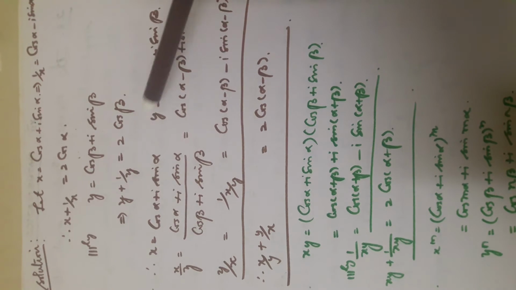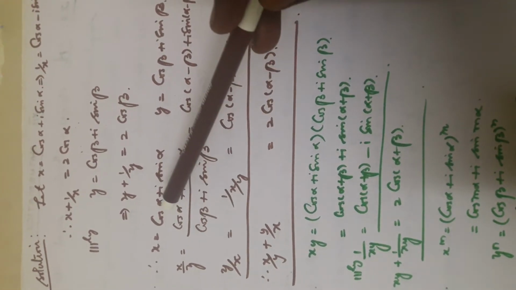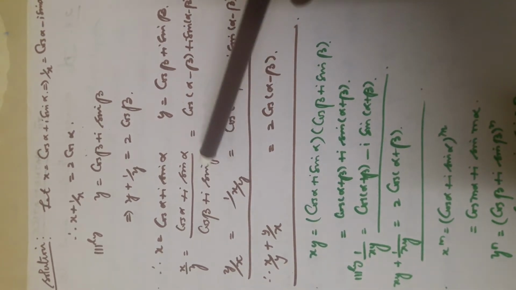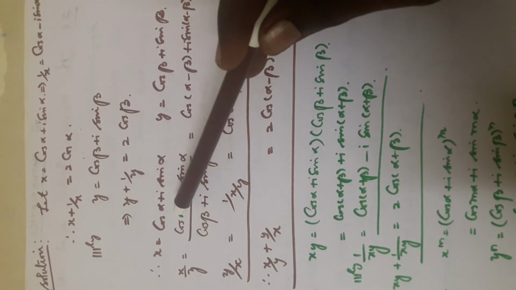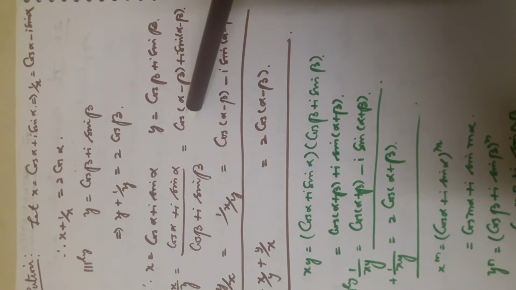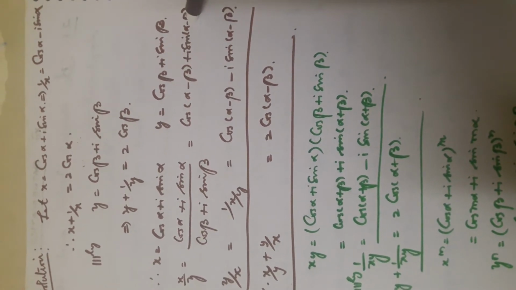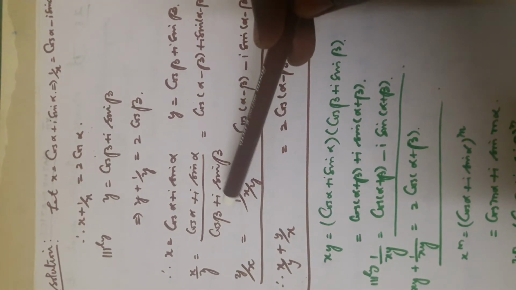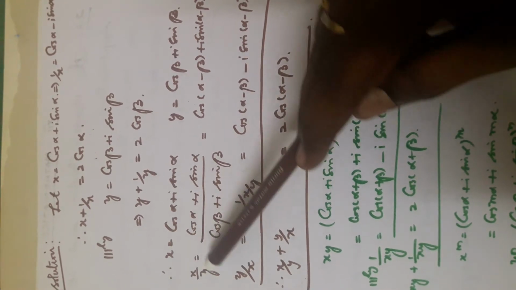So with x and y values, we can find x by y. x by y is nothing but (cos alpha plus i sin alpha) by (cos beta plus i sin beta). That becomes, as I told you before, you just subtract the two angles, alpha minus beta: cos(alpha minus beta) plus i times sin(alpha minus beta). So this is your x by y, and y by x becomes 1 by (x by y), the reverse of the first one.